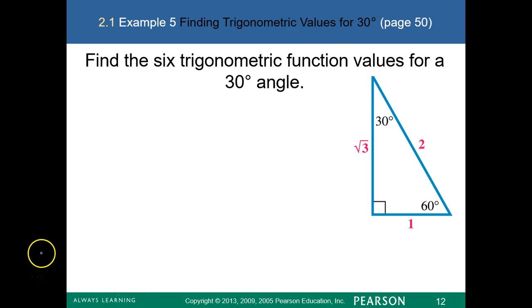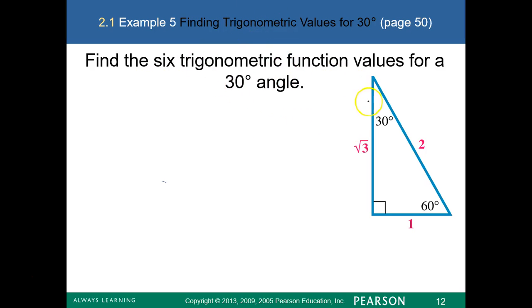Now after we find all of our values of each side of our triangle on this 30, 60, 90, we can find the 6 trigonometric function values for a 30-degree angle.